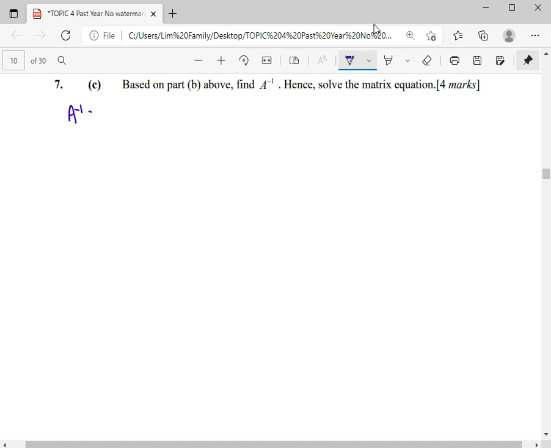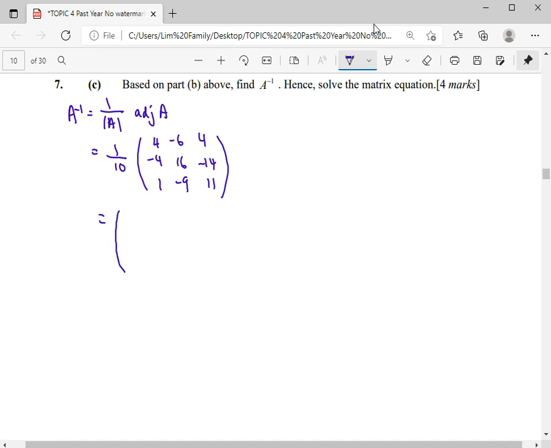The adjoint method will be 1 over determinant A times adjoint A, where our determinant just now is 10. So we put in our adjoint answer. Remember, we have to multiply in our 1 over 10 and simplify.